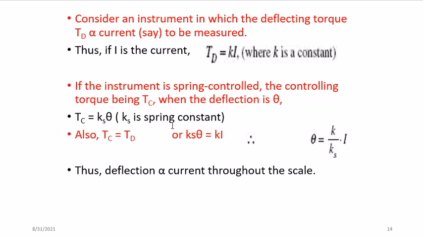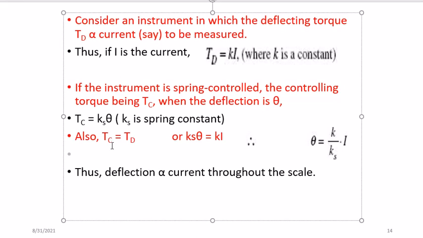From our explanation, we said the controlling torque and the deflection torque are expected to be equal to one another, but acting in the opposite direction to each other. So we can now say KS, that is the spring constant, times theta, the controlling torque, is equal to KI, where K is the constant and I is the current we are trying to measure.